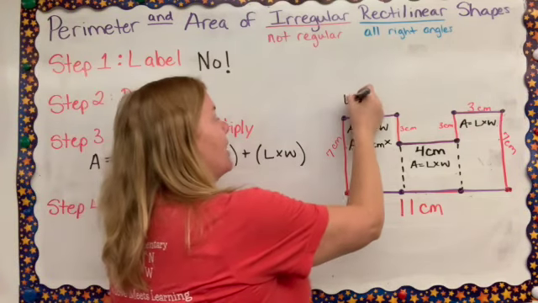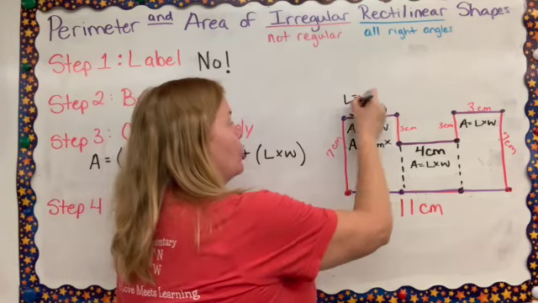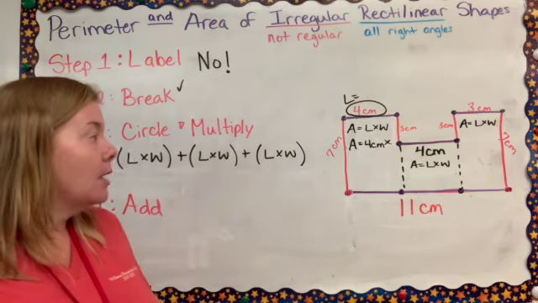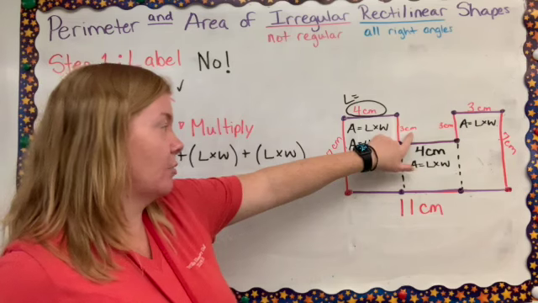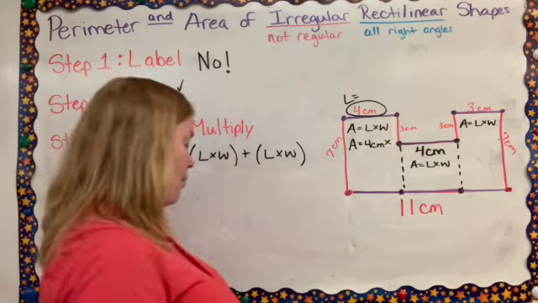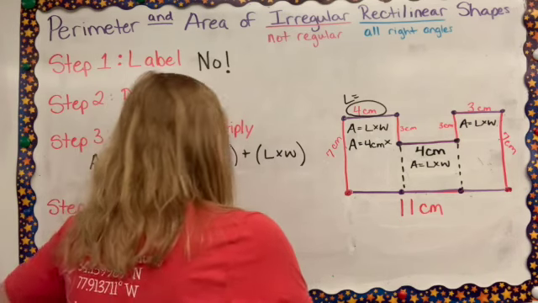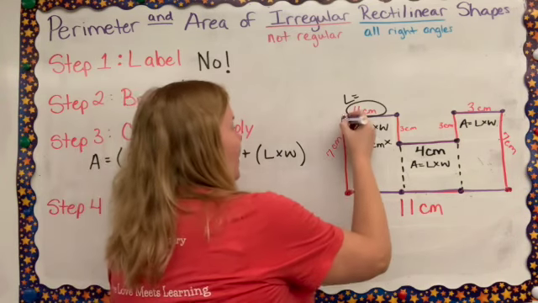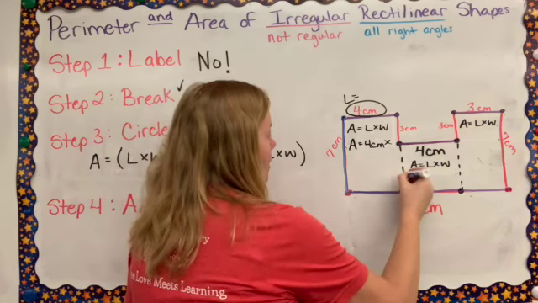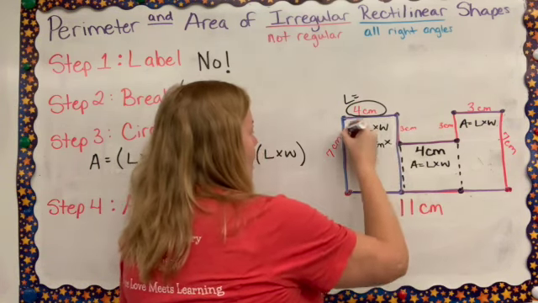So this is my length for this one. I'm going to use that one. What is my width? Do I use this 3 or do I use this 7? Think about it. I want to know this whole shape. The whole shape.